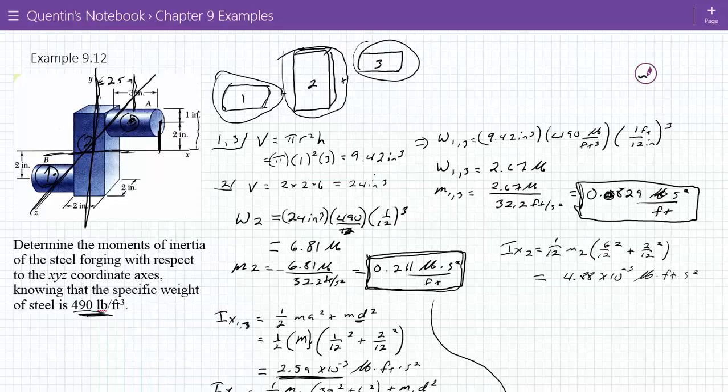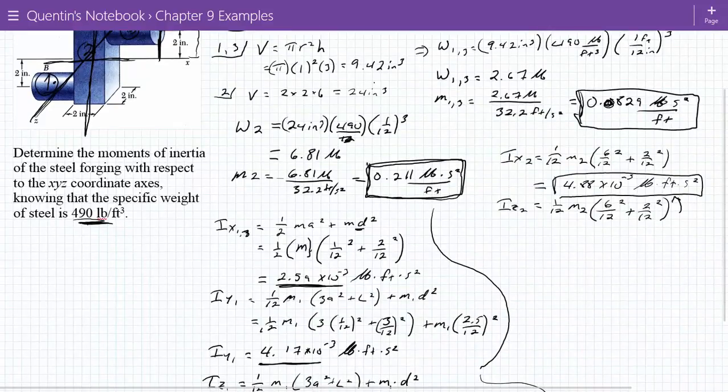Now I'm going to skip y for a second and look at Iz of this one. Again, you'll notice it's 1/12 m2, and it's the x distance, 6/12 squared, plus the other distance, which is 2/12 squared. Hopefully you'll see that that's the same, and that is equal to that. So Ix and Iz are both equal to the same value, and it's just because it happens to be symmetric in x and z.